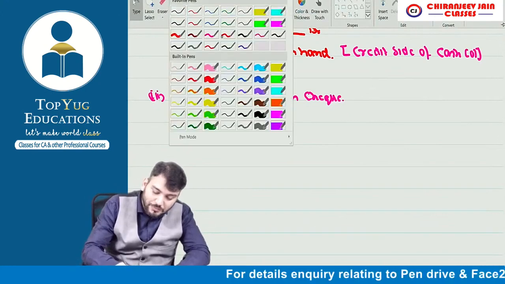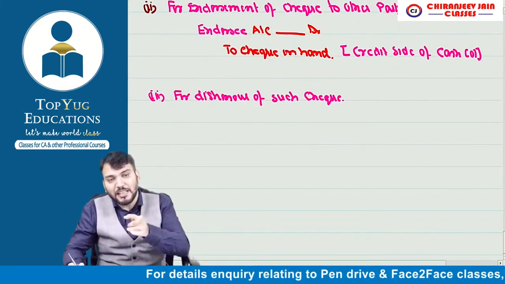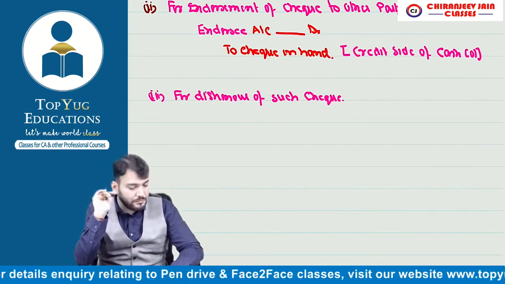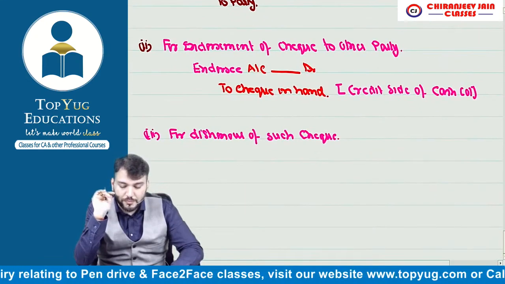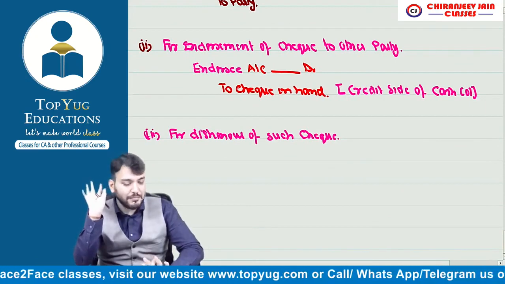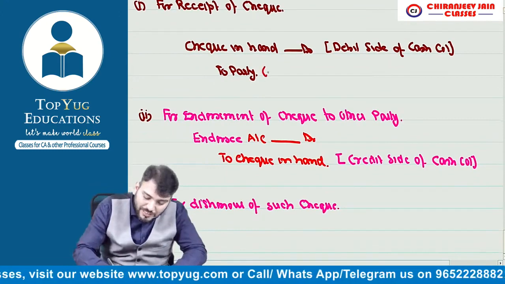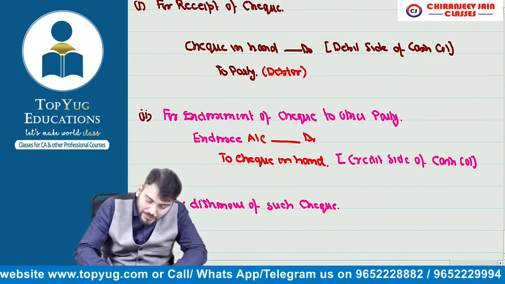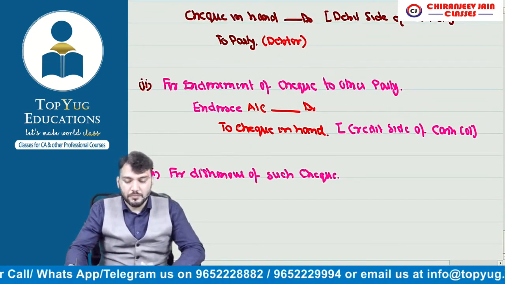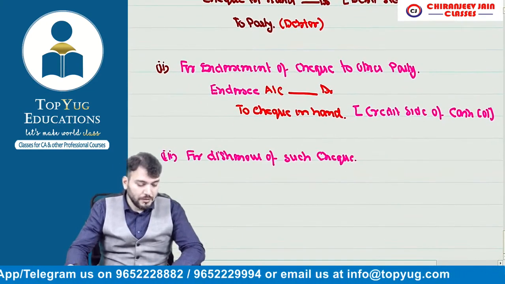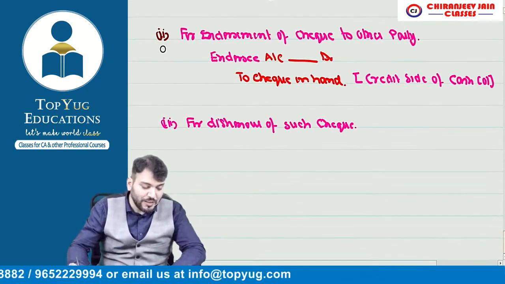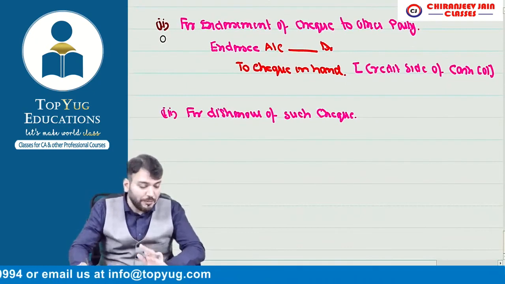If you can tell me this entry, I will accept. You can write debtor here, debtor to party. Excellent. If you are saying party account debit to endorsee, excellent, it means you have understood. Very good. I was not expecting a correct answer but you have given a lovely one.